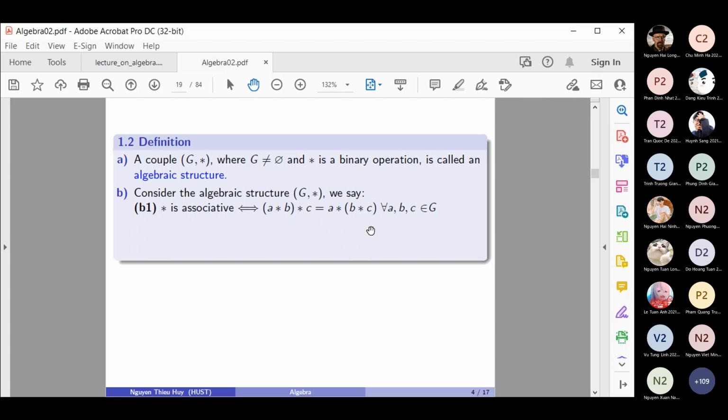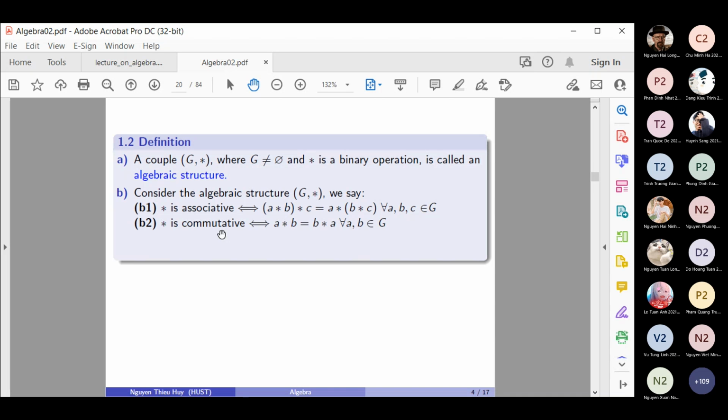So we can put brackets anywhere and you obtain the same result. Actually, you will see all of the operations that we learned up to now have this associative property. Either it is addition or multiplication or composition, it is always associative.